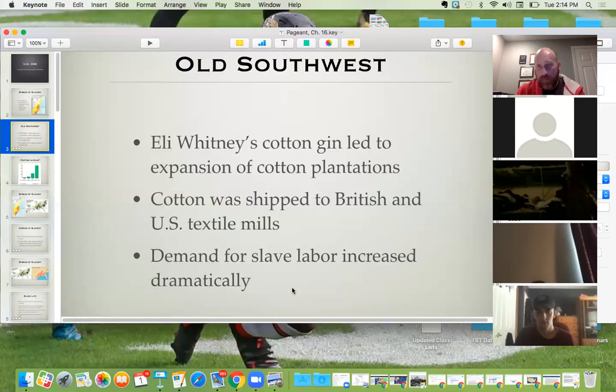The cotton gin had the opposite effect. It actually caused an increase in slave labor because if you can produce that much cotton, you're going to want bigger fields, more land, more plantations, and the cotton still has to be picked, right? And so therefore it actually increased the demand for slave labor.